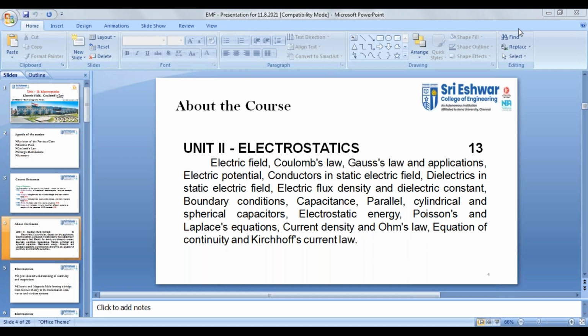The second module is completely dealing with electrostatics. The unit title is electrostatics, and the subtopics are electric field, Coulomb's law, Gauss law and its applications, electric potential, conductors in static electric field, dielectrics in static electric field, electric flux density and dielectric constant, boundary conditions, capacitance, parallel, cylindrical and spherical capacitors, electrostatic energy, Poisson's and Laplace's equations, current density and Ohm's law, equation of continuity and Kirchhoff's current law.